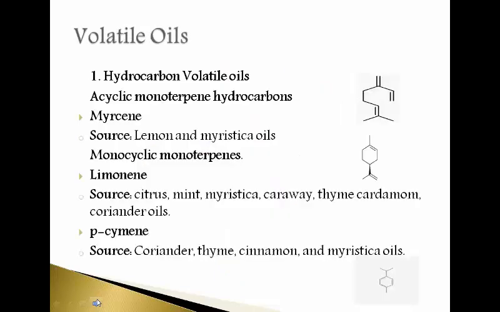The first class, hydrocarbon volatile oils. The hydrocarbon volatile oils having the chemical constituent, and they can be acyclic monoterpene hydrocarbons or monocyclic monoterpene hydrocarbons or dicyclic monoterpenes. As I also told you, most of the terpenes in the volatile oils are monoterpenes.